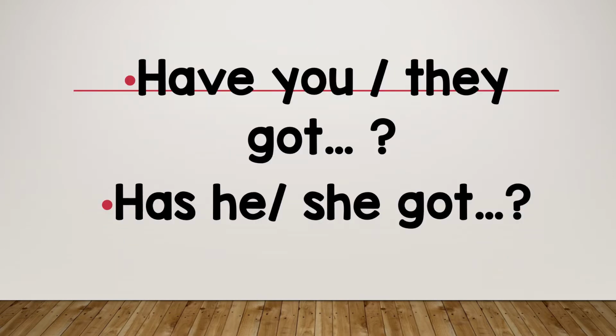This is the sentence structure when we want to ask a question. Have you got? Have they got? Has he got? Has she got?